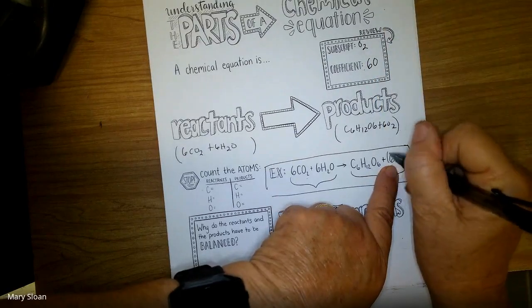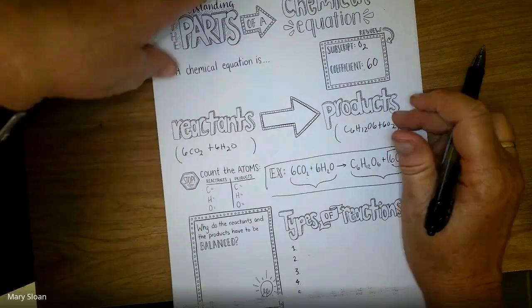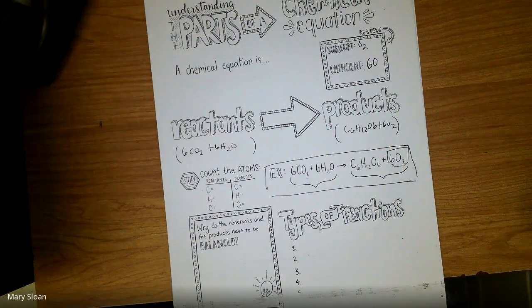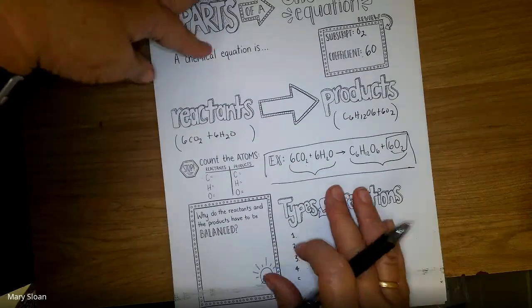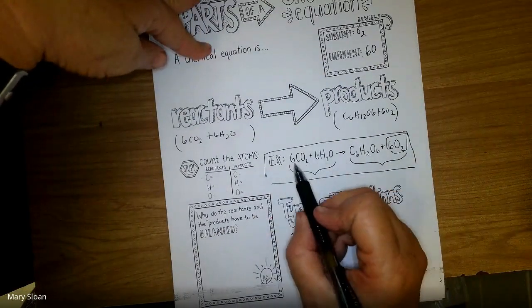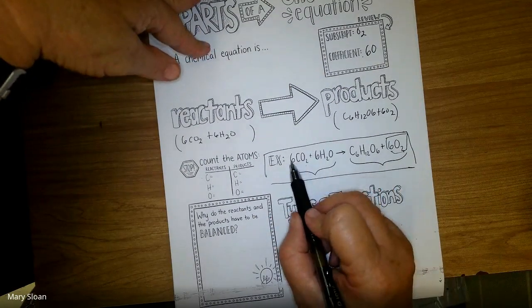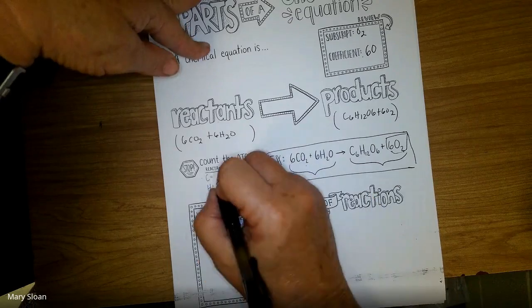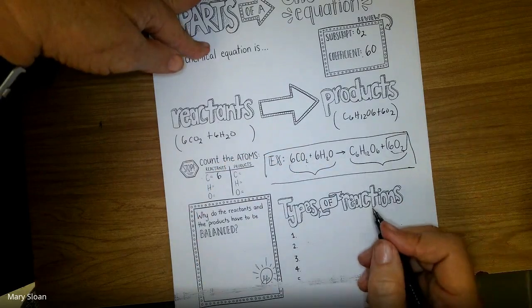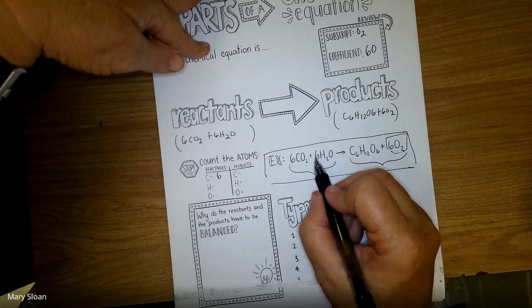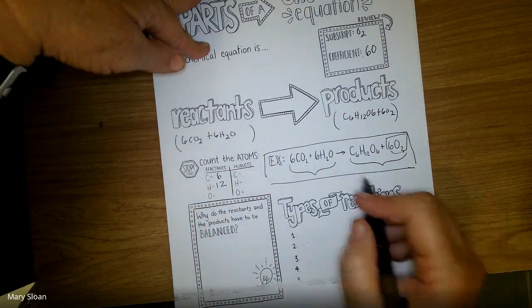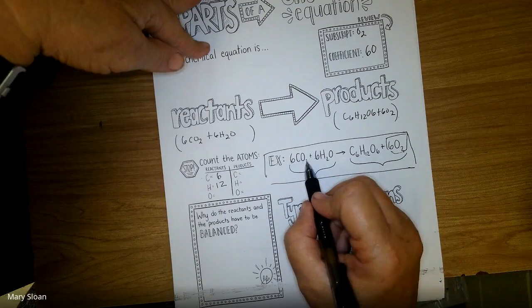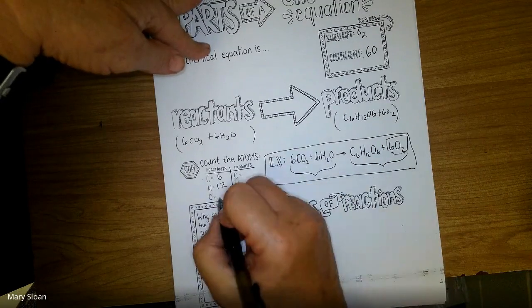That is an example to show that I understand which one is a subscript and which one is the coefficient. Now I'm going to count how many carbons I have. So this tells me I have 6 carbons. My hydrogens, I have 6 times 2, which is 12. My oxygens, 6 times 2, which is 12, plus 1.